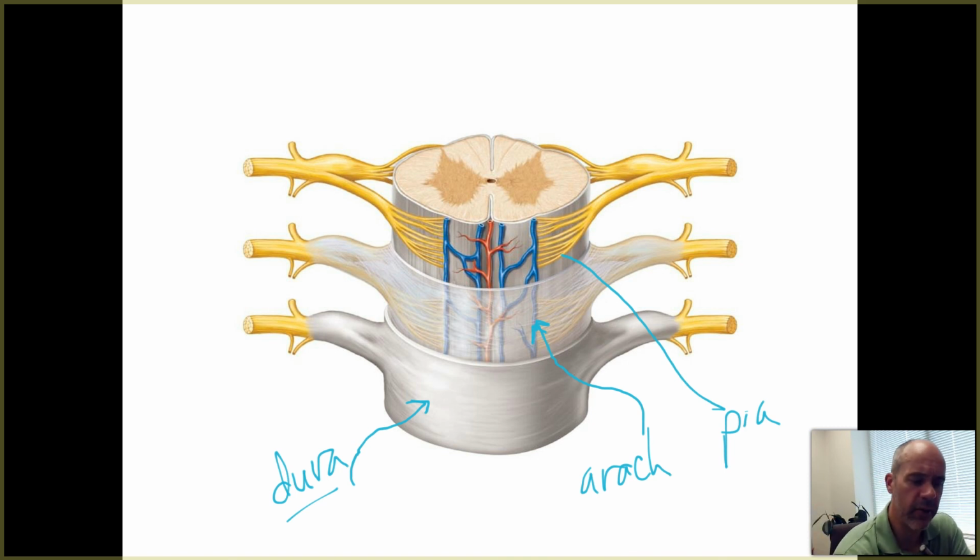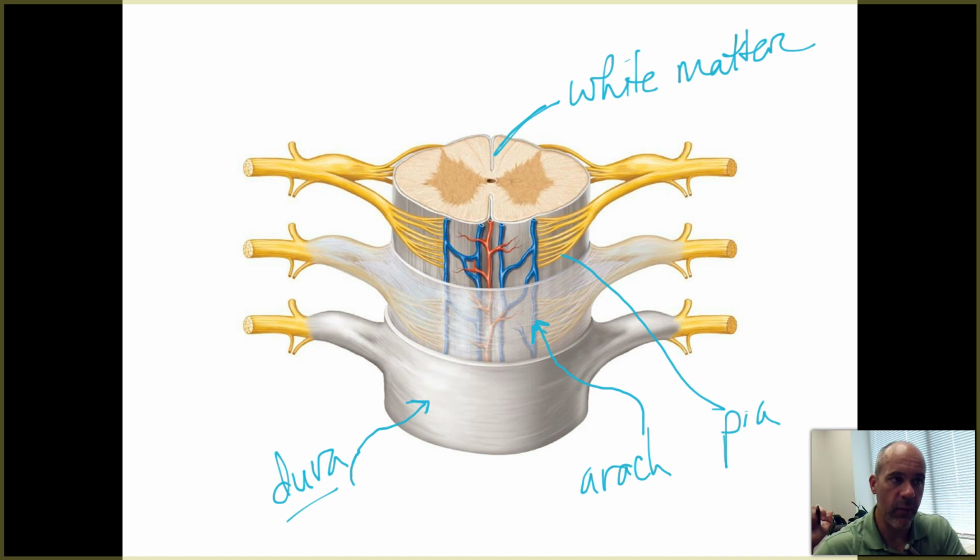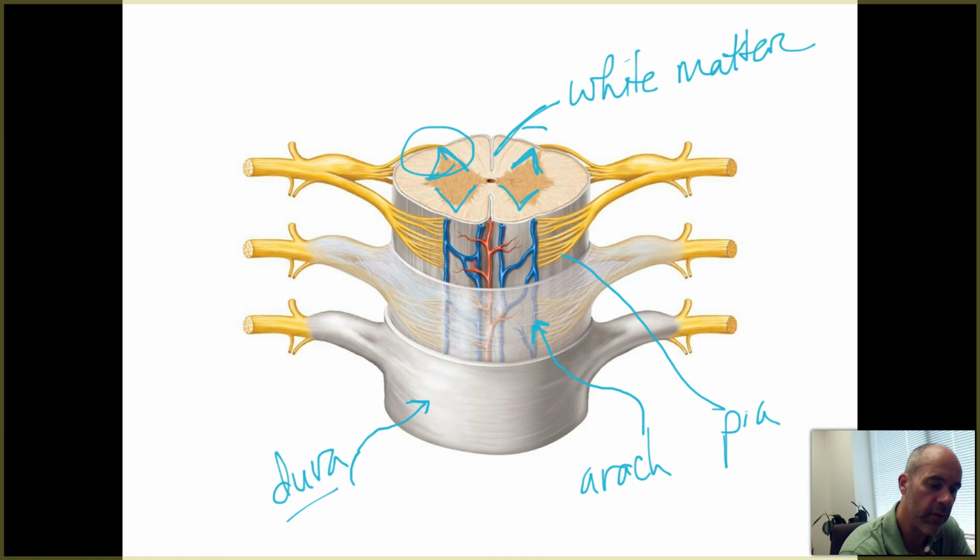All right, then looking at our spinal cord in cross-section, the spinal cord does have white matter in it, and the white matter is just like the white matter of the brain. It has myelinated axons in it. And then you've got gray matter areas in here as well. And the gray matter areas can be divided up into posterior and anterior horns, or dorsal and ventral horns.